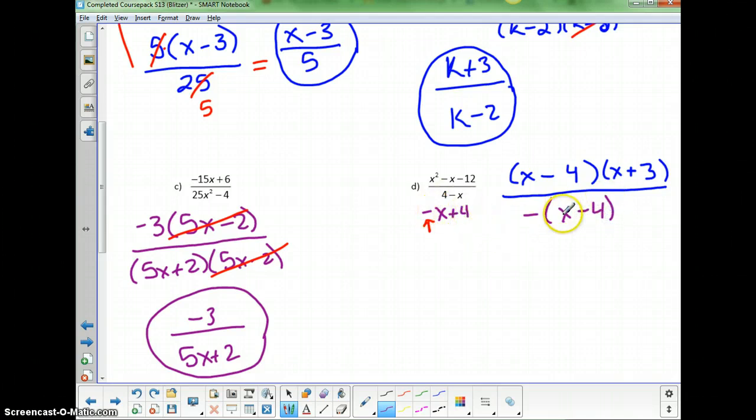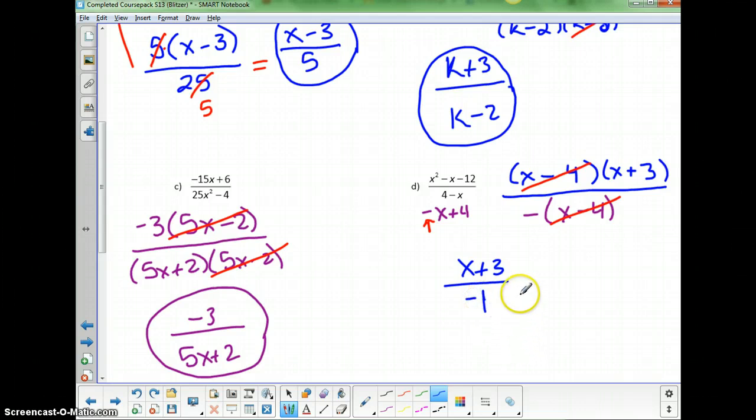So negative divided by negative is positive, and positive divided by a negative is negative. Okay? I needed to factor that negative out to be able to have two factors of x minus 4 that I can divide out. So my answer looks like it's going to be x plus 3 over negative 1.